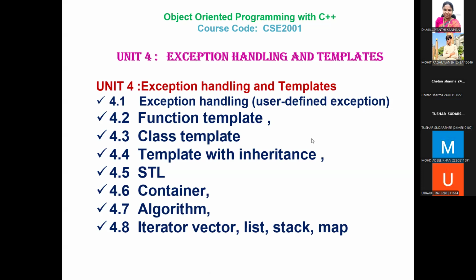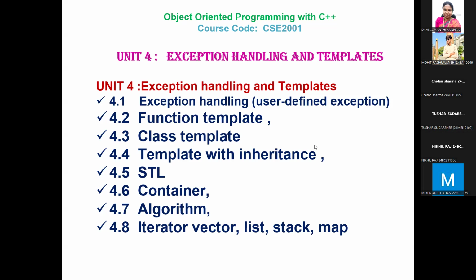Okay. Our next topic is Unit 4, Exception Handling and Templates. In this unit, we are going to discuss the following topics. We have topics like exception handling and user-defined exceptions. In exception handling in C++, we have two types of exceptions, implicit and explicit.